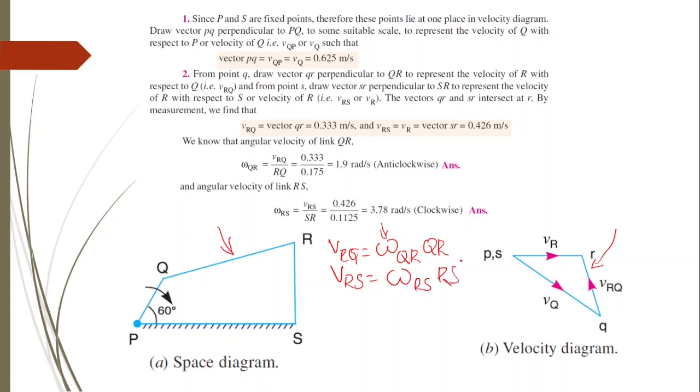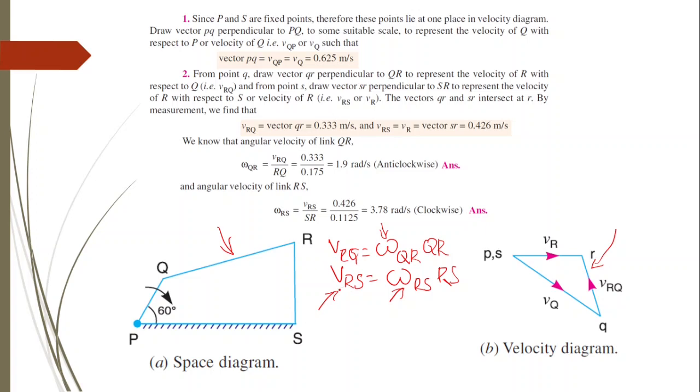This is the magnitude of the velocity of R with respect to S, and that must be perpendicular to link RS. Here again this value is unknown, so the total velocity of R with respect to S is also unknown, but the direction of that velocity is known.